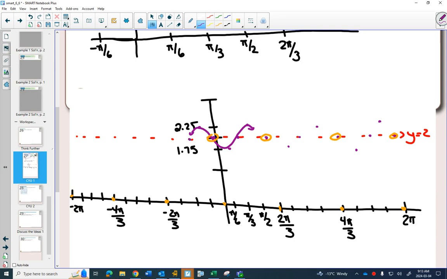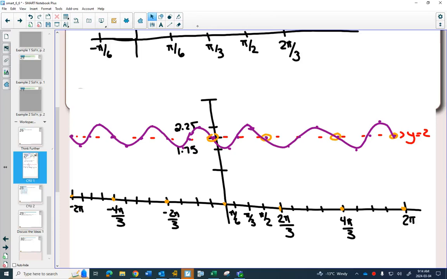Maximum, center line, label my middles. And technically I shouldn't put arrowheads on the end because they said to graph from negative 2 pi to 2 pi and stop. So this would be the final graph.